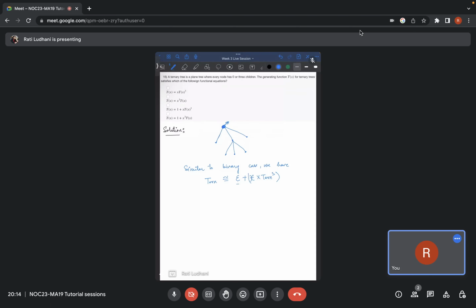From the root, you take this chain and this chain, so these 3 will come for this, and this corresponds to the root for that. So this implies T(x) is equal to 1 plus x T(x) cubed.